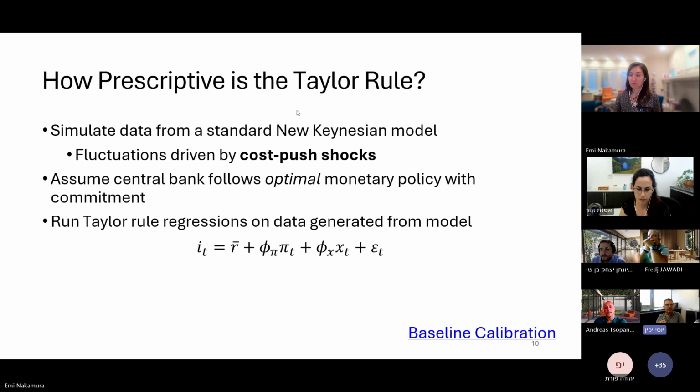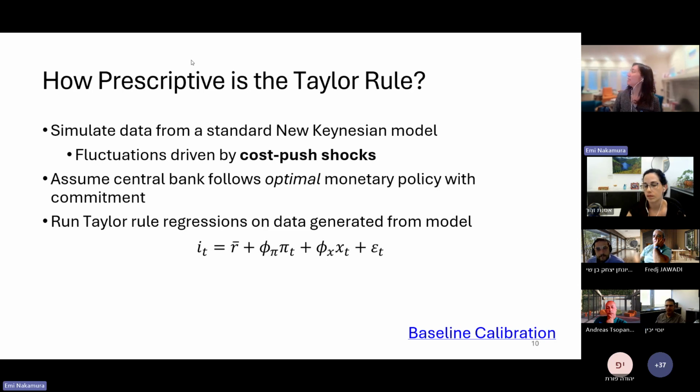Anyway, my point is, once allowing for interest rate smoothing, you may find out that the Taylor principle holds in the simulations. So I was wondering what happens in this simulation if you did this exercise.